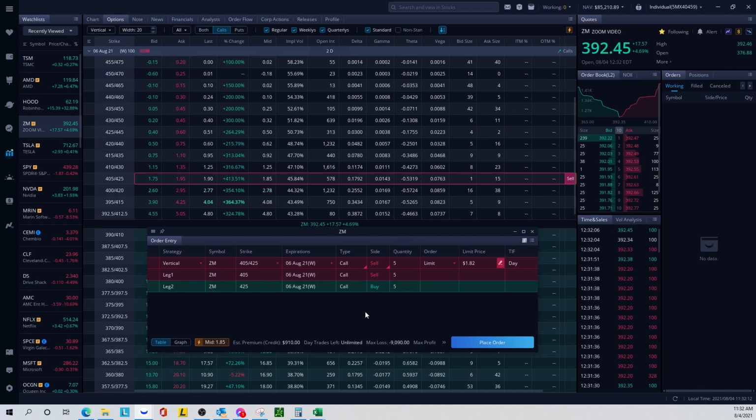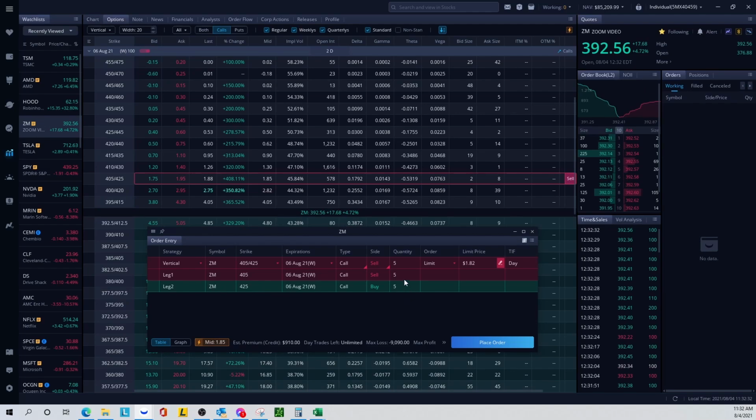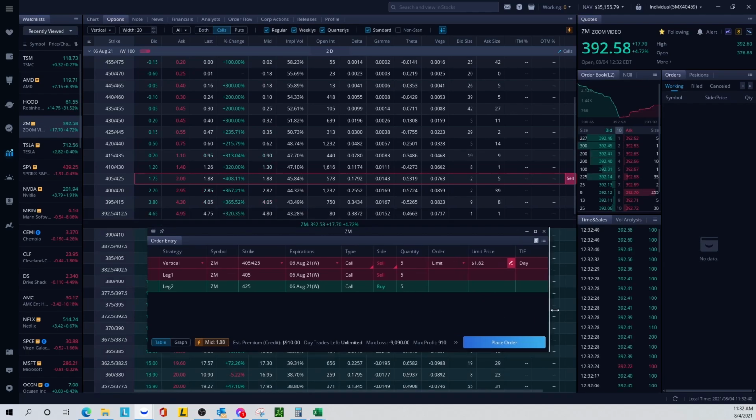It's essentially going short on one call option and going long, so buying, a call option as well, farther out of the money. That's what the call credit spread is, and you collect a net premium, whatever price you get filled at times the number of contracts that you sell.